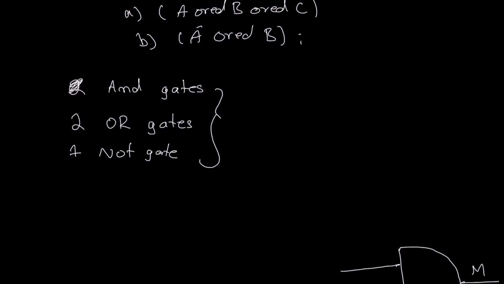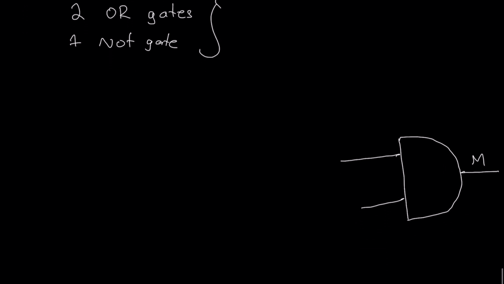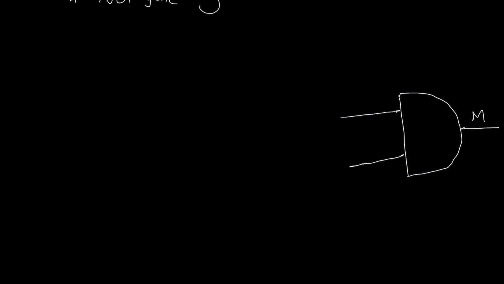We only need one AND gate here, with two inputs. One AND gate, two inputs. Okay, so two OR gates, that's correct. So we need a two input AND gate, we will call that AND2.